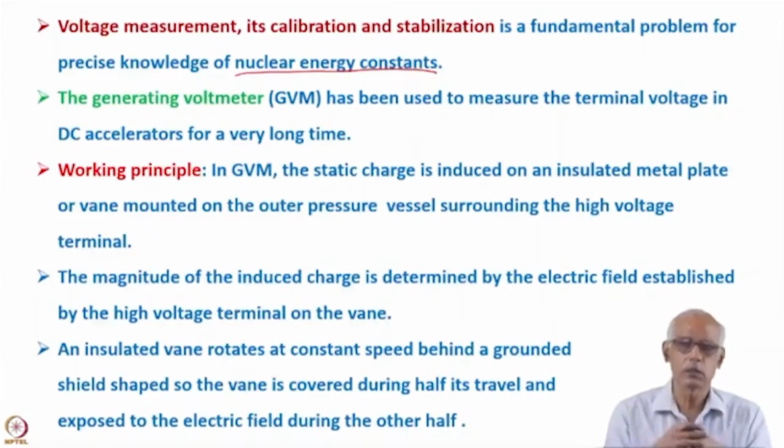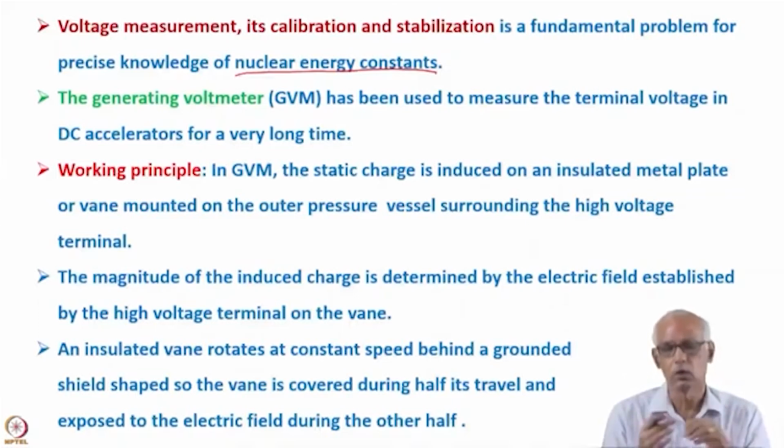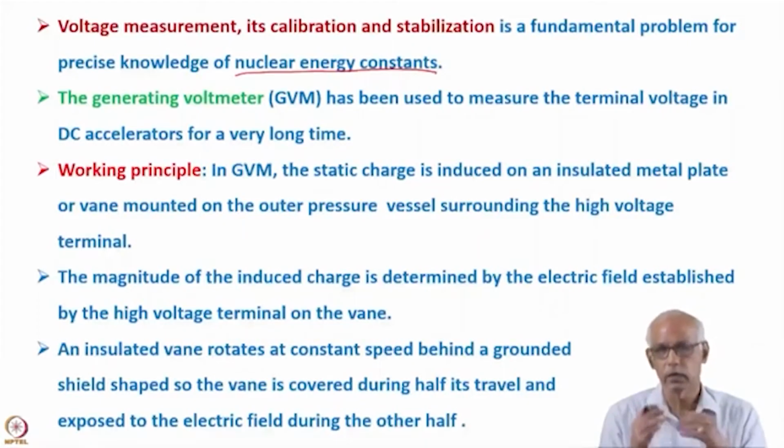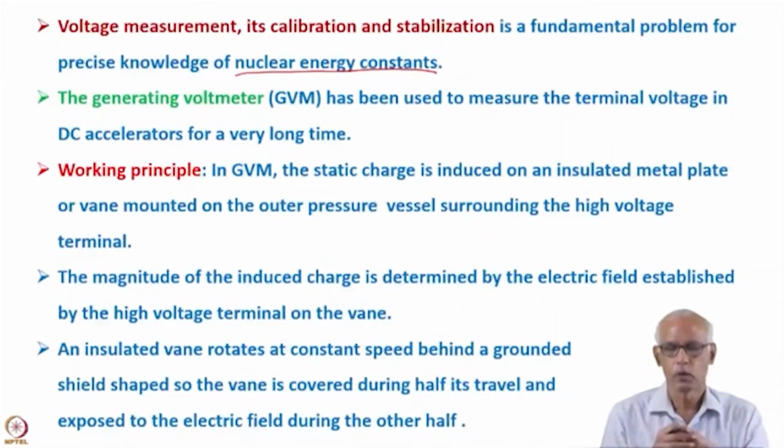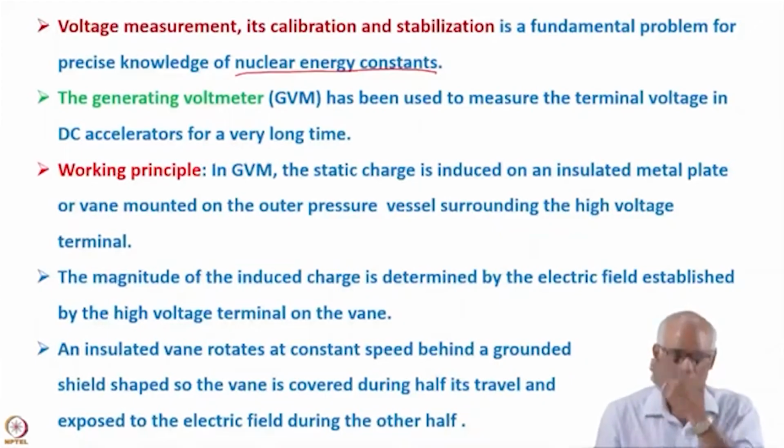But this is still very useful. It gives fairly accurate values, although in the beginning there were more errors, but now with the advancement of technology, good quality GVMs giving accurate values of voltages have been built, and therefore a fairly good voltage value can be taken from that.